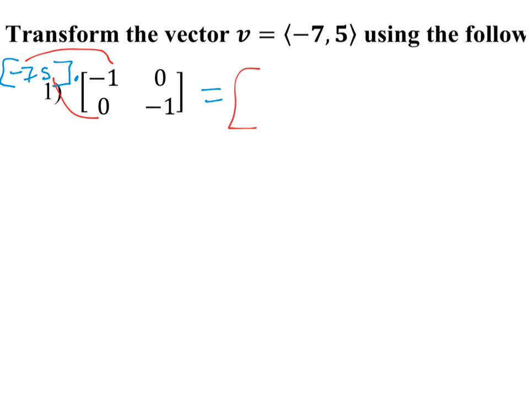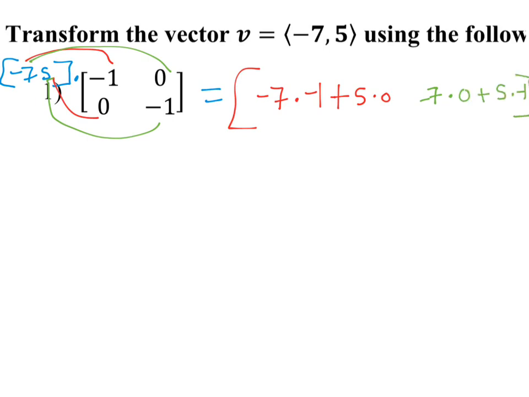So write this out: -7 times -1 plus 5 times 0. And then we have to do the second part. So this row times this column next. So it's -7 times 0 and 5 times -1. So -7 times 0 plus 5 times -1.